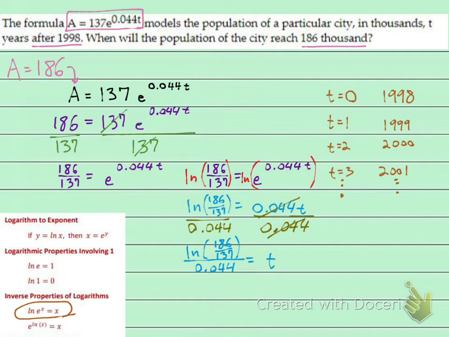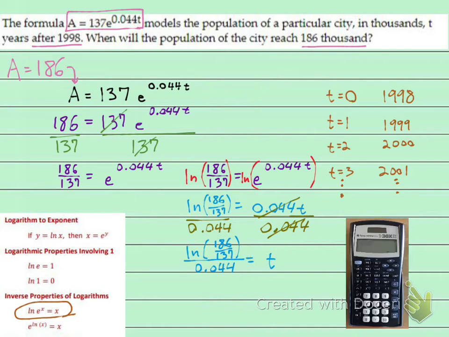Now you need to get your calculator and let's find out what this thing is. I am not going to put it in the calculator all at once. I'm going to do the top part, and then once I get that answer, I will divide by the bottom part. So let's find the natural log of 186 over 137.